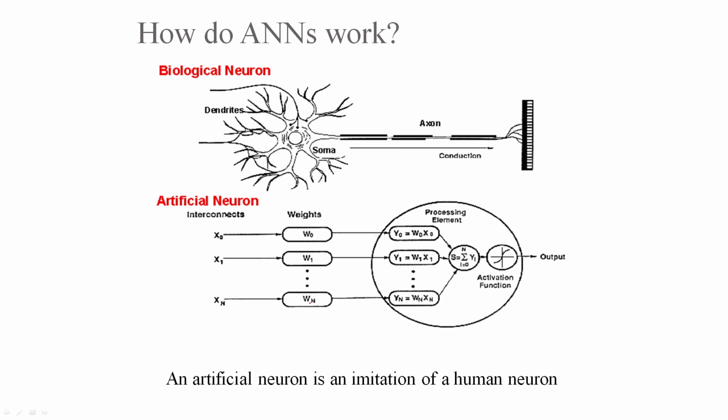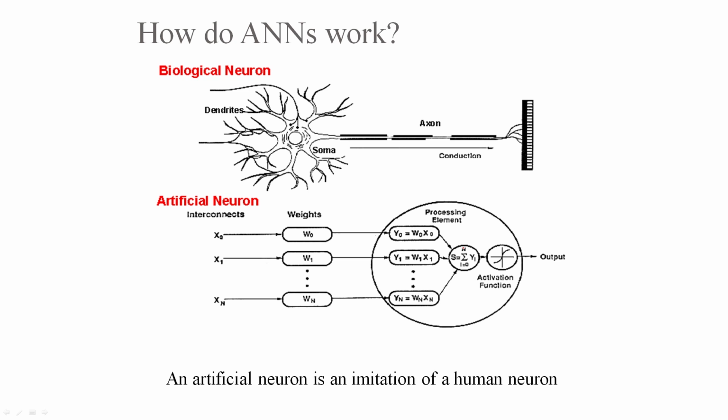You can see y, an intermediate output of this network. Y0 is W0 x0, which is linear, y1 is W1 x1 and yn is Wn xn. These are then summed up, and the summed up value is fed to an activation function.